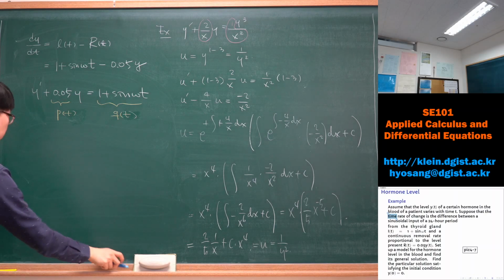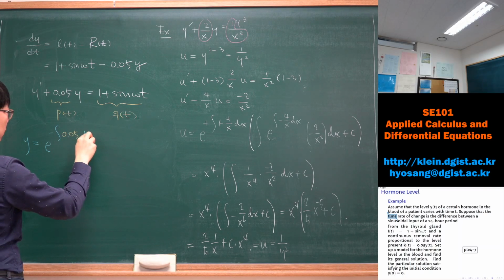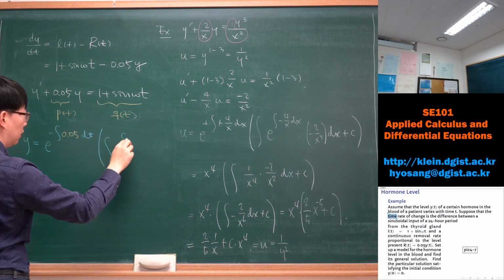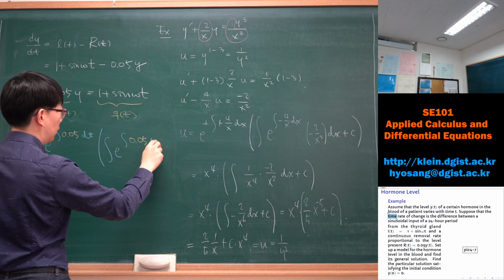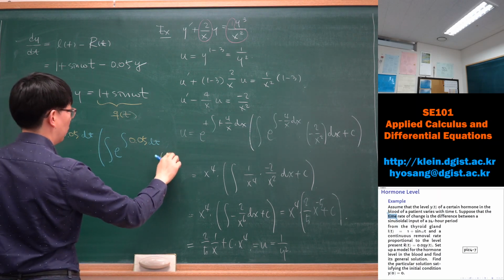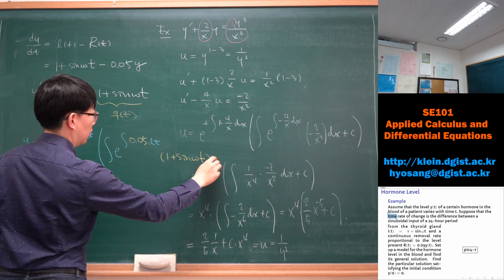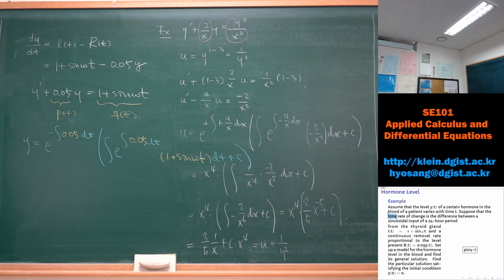Let's try to solve this. So by the formula, y equals e to the negative of the integral of P dt, which is 0.05 dt, times the integral of e to the 0.05 dt times 1 plus sine omega t dt, plus c, integral parenthesis close.